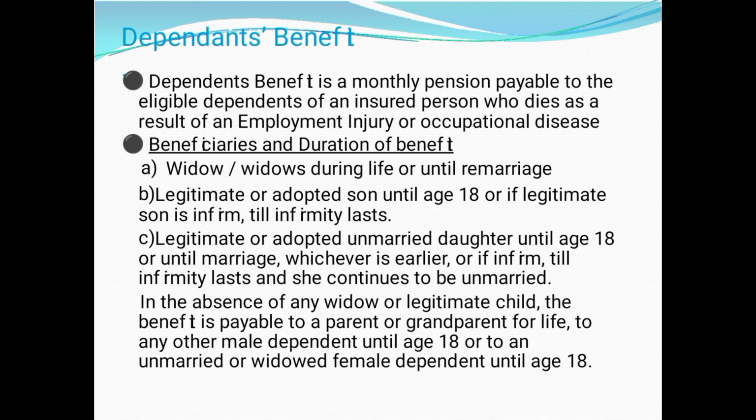Beneficiary and duration of benefit: widow, during life or until remarriage; legitimate or adopted son until age 18, or if infirm, till infirmity lasts; legitimate or adopted unmarried daughter until age 18 or until marriage, whichever is earlier, or if infirm, till infirmity lasts and she continues to be unmarried.